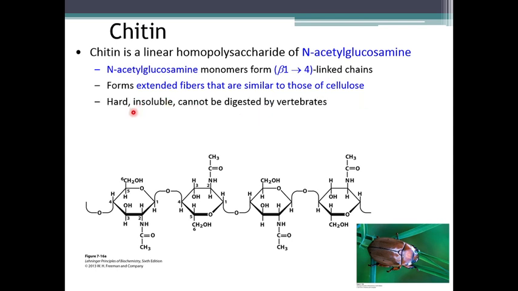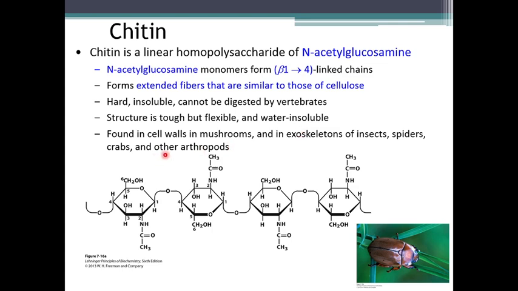The difference is that chitin is hard, insoluble, and cannot be digested by vertebrates. The structure is tough but flexible and water insoluble. It's found in cell walls in mushrooms and exoskeletons of insects, spiders, crabs, and other arthropods.